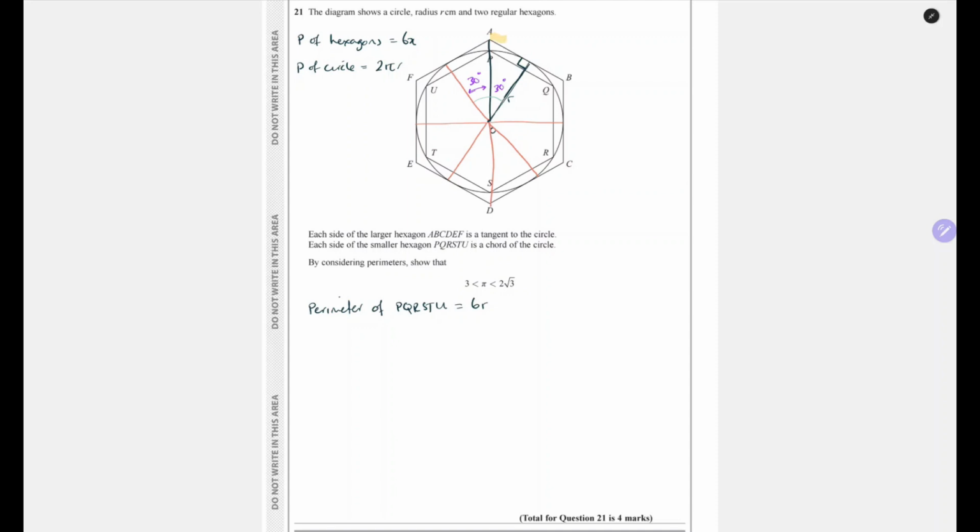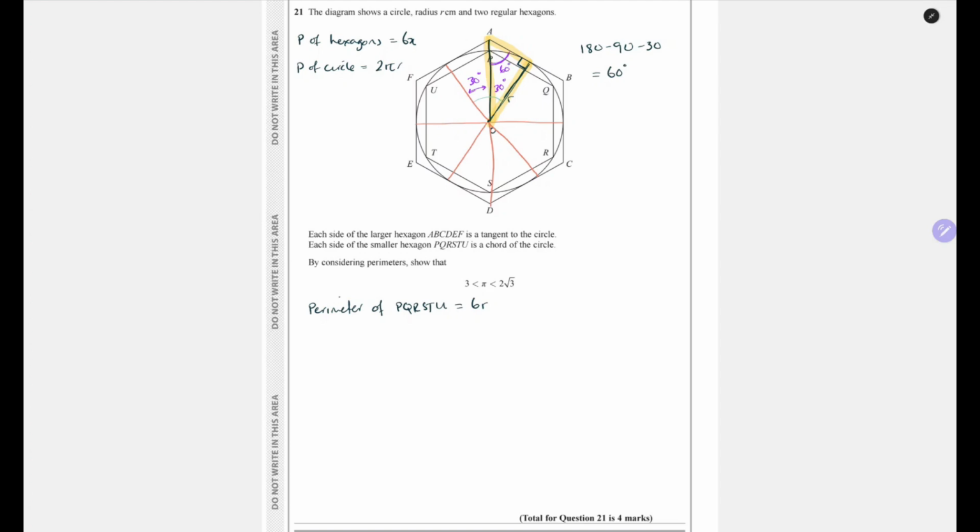Now, we previously drew this right angle triangle, and so we can work out this internal angle here. And that's just going to be 180 minus 90 minus 30, which is equal to 60. And so this angle is 60 degrees.